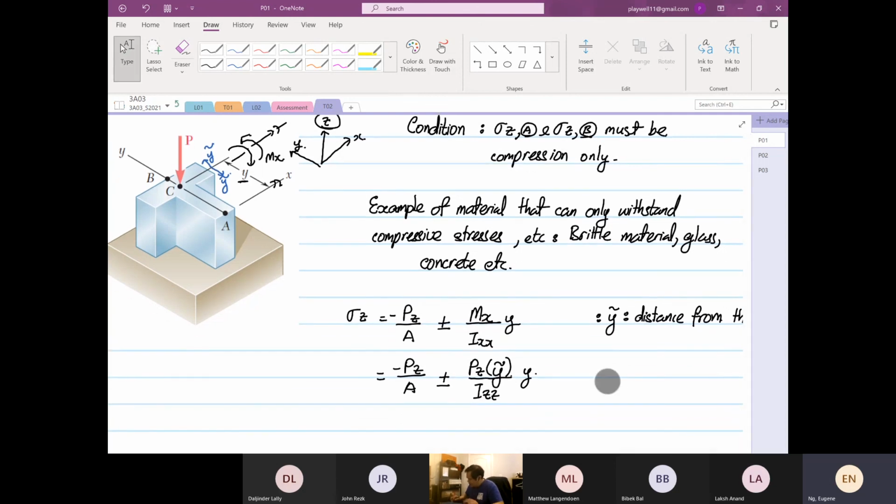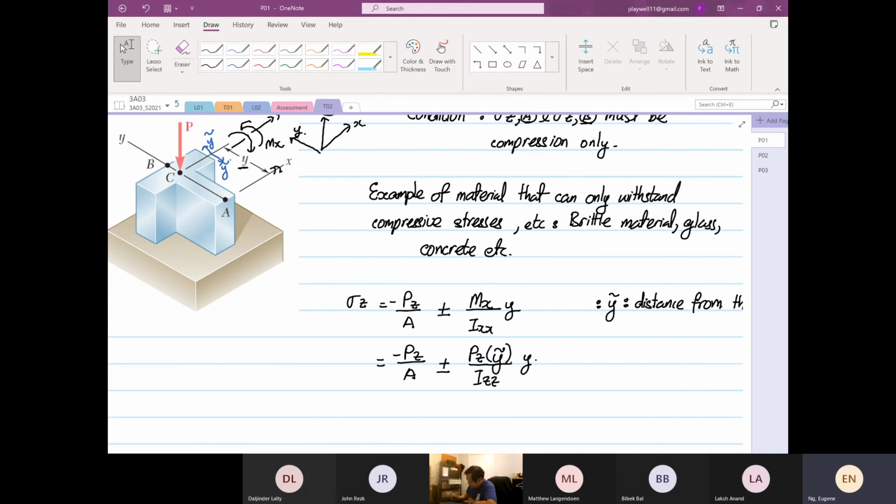What we can see looking at this equation is that this entire term over here is a constant. The cross-sectional area will not change. The axial load along the z-axis will not change.